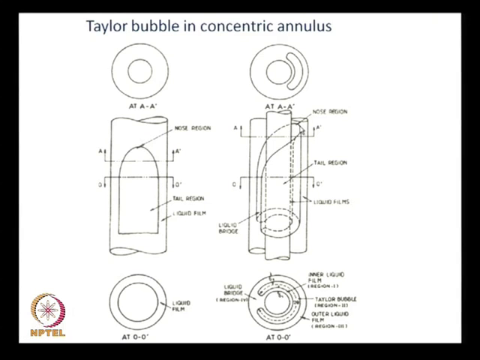And when the nose becomes much more pointed, we find that the bubble rises faster in this particular case. For the same outer diameter, the bubble rises at a faster velocity in the case of a concentric annulus as compared to the circular tube. A very surprising result, because we find that the passage becomes constricted, but that induces a faster rising velocity, right.